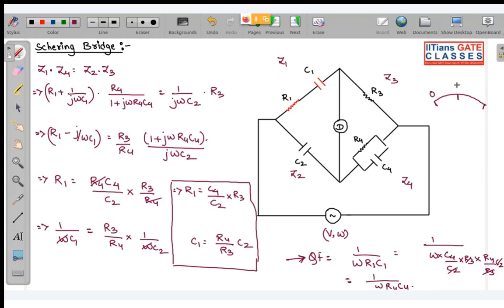Let this be 0, this be 1, this be 2. When the dielectric medium was present, this voltmeter was indicating somewhere over here. Let us assume it was 1.8. This is the indication when the dielectric was present in this capacitance.